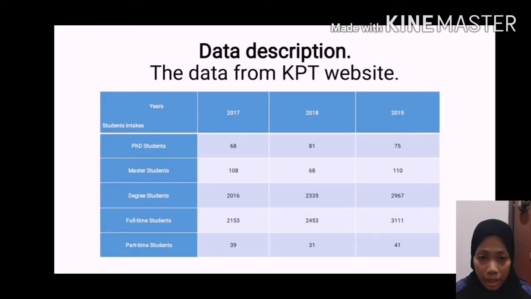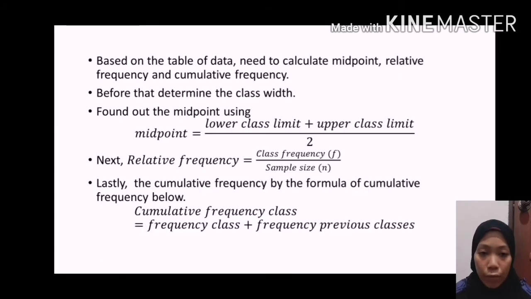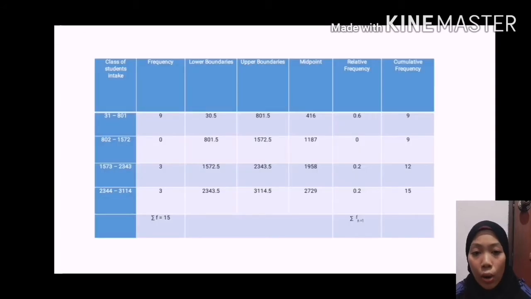After finding the data, we need to calculate frequency distribution. The number of the sample, or N, is 15. By using the formula, the number of class is 16. Next step is to calculate the class width using the formula: maximum entry minus minimum entry limit, divided by number of class.